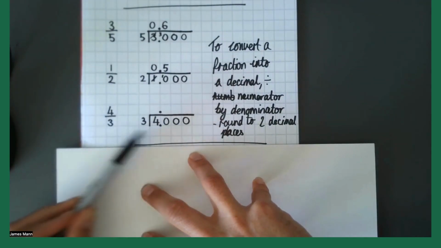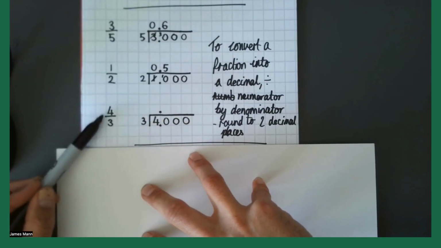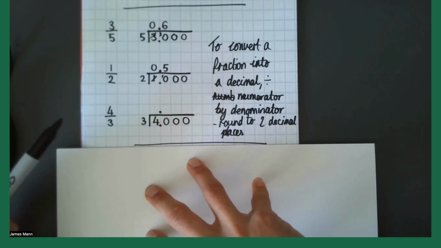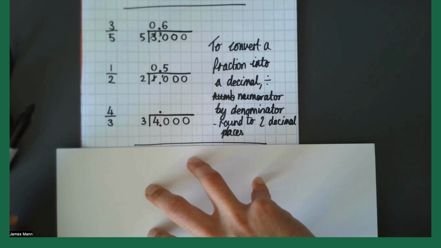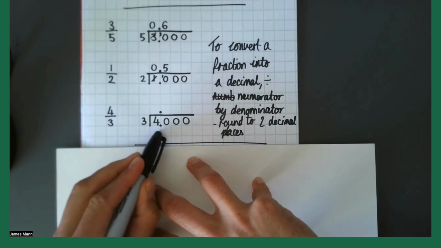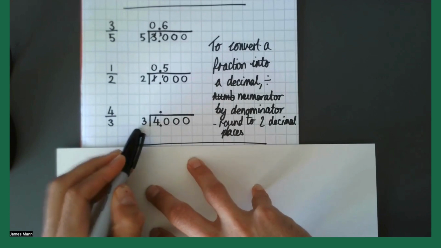Here we've got something slightly different. We've got an improper fraction, but still I've put my numerator in there. The misconception can be that the biggest number goes on the outside and the smallest number goes on the inside, which isn't the case. You've always got to remember it's the numerator that goes on the inside and the denominator goes on the outside.